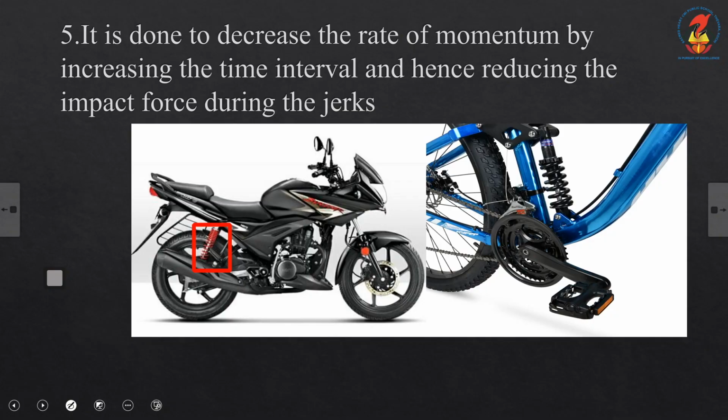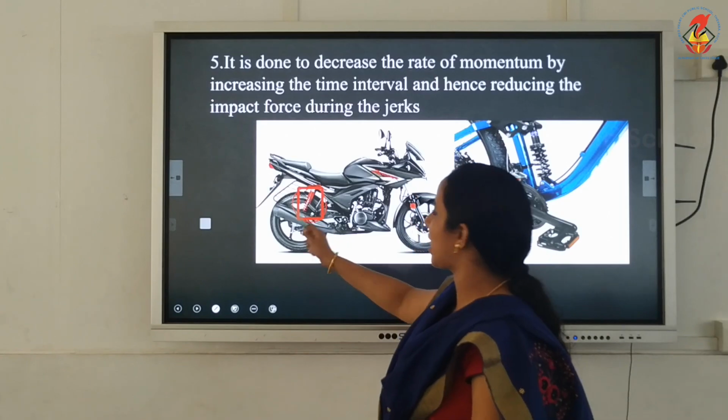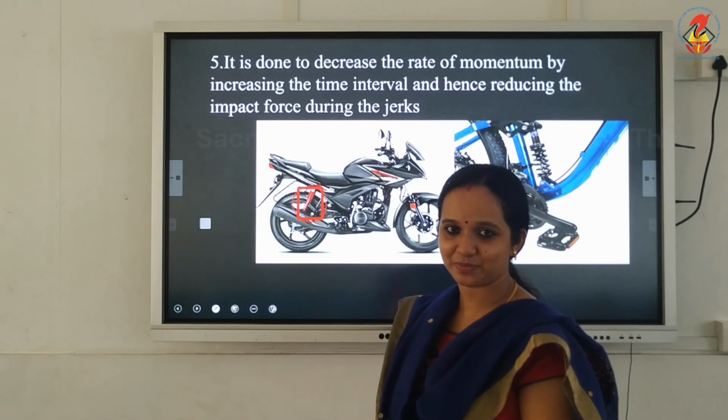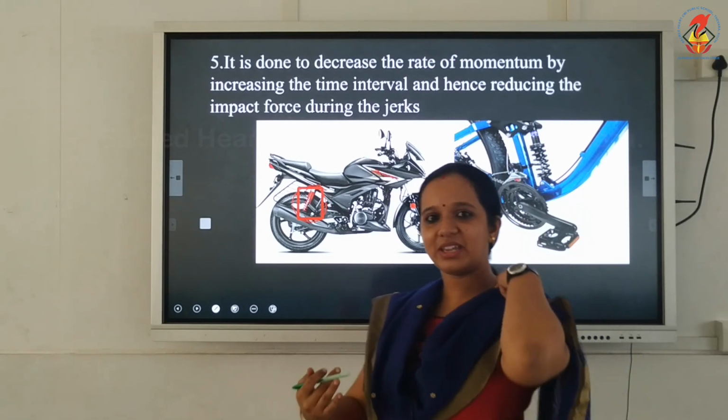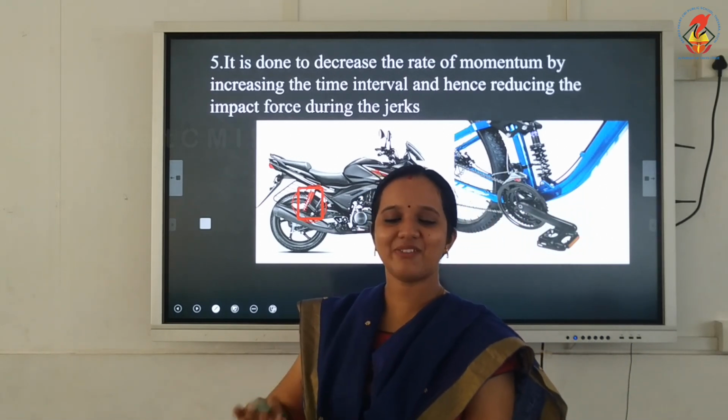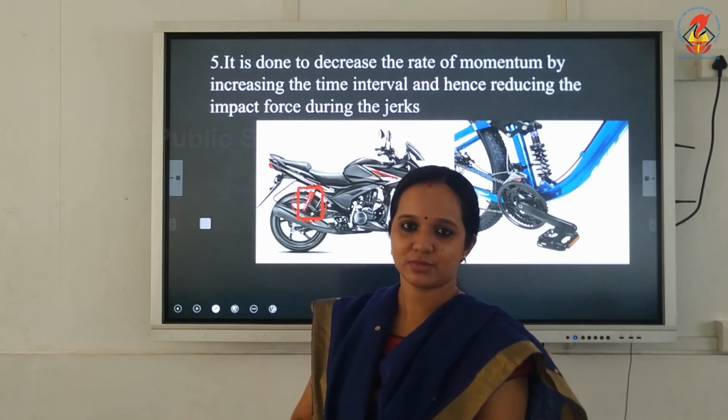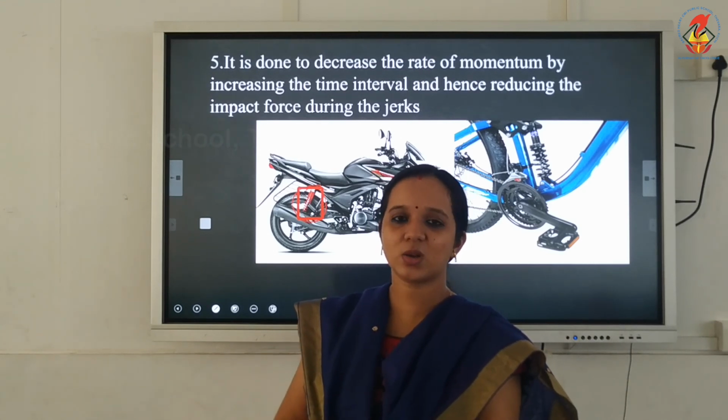Now the next example is of the shock absorbers. You have seen that bikes and cycles have shock absorbers. What is the use of this? When the bike or the cycle travels through an uneven road, jerks will be caused.